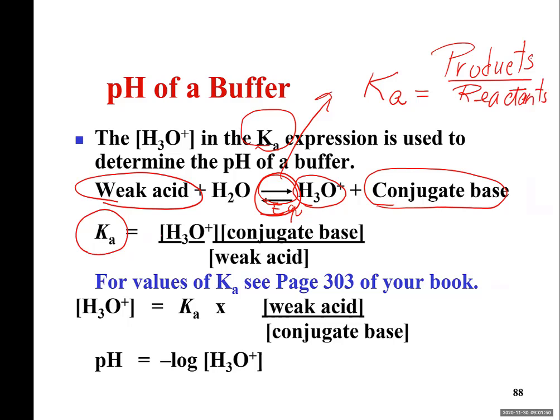So if I write the equilibrium constant for this equation, products on the top: hydronium ion concentration and concentration of conjugate base. On the bottom, I have the concentration of weak acid. The concentration of water never changes, it's fixed, it's constant, so I can hide it inside Ka. I don't have to write it every time.